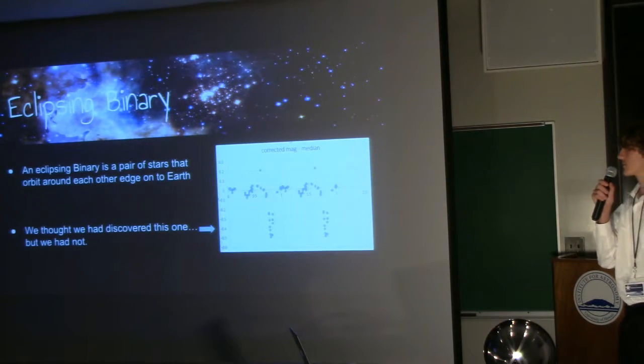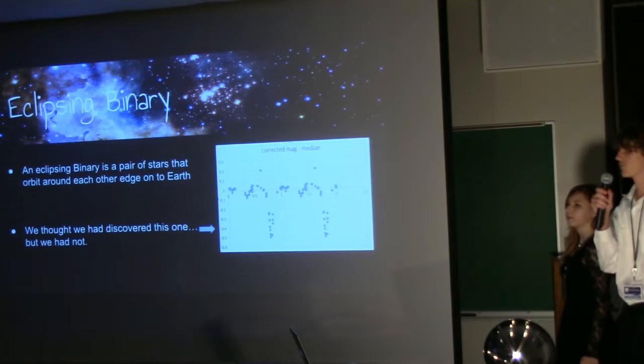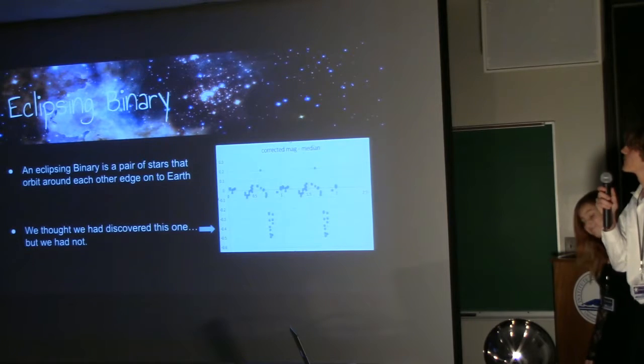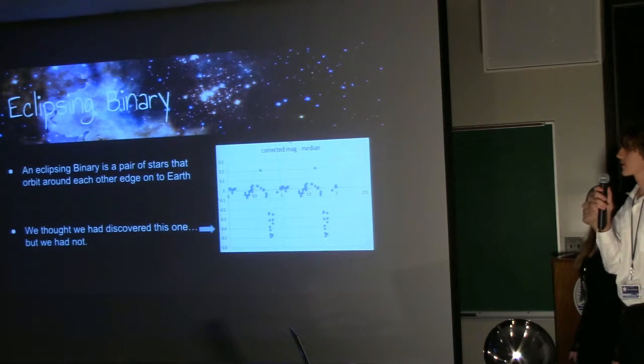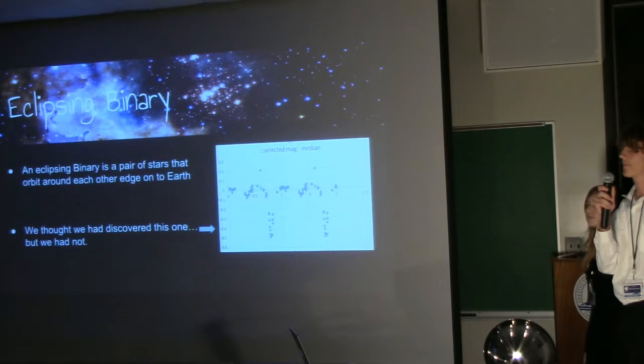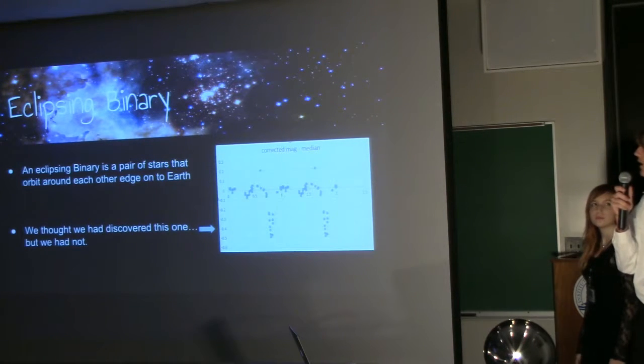So this is the eclipsing binary we discovered. Well, we thought we discovered. Anyways, I'll get to that. So an eclipsing binary is essentially a pair of stars that are parallel to our point of view.